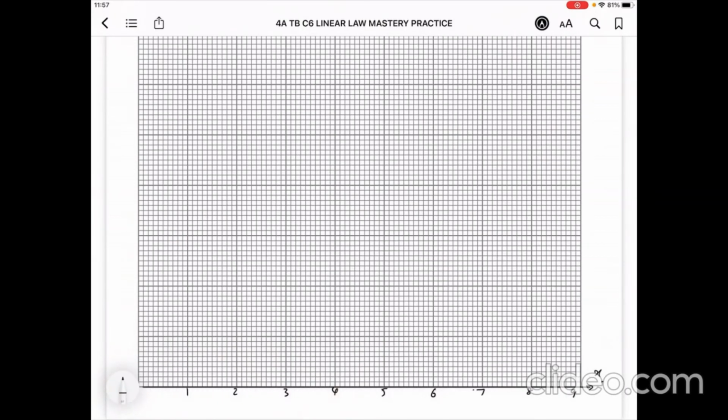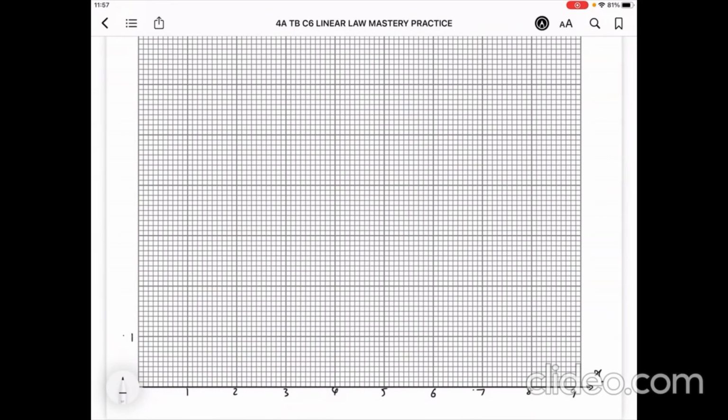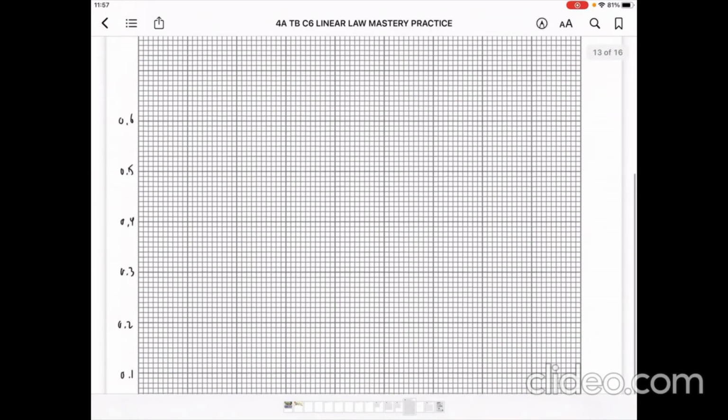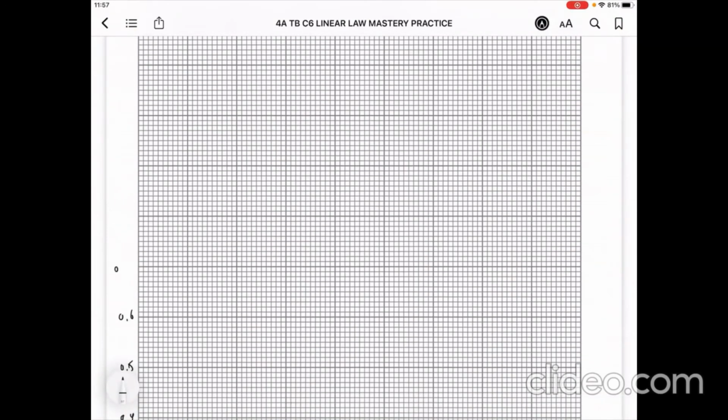Okay, your vertical, we have to start with 0, 0.1, 0.2, 0.3, 0.4, 0.5, 0.6. Keep going all the way until 0.7, 0.8, 0.9, 1.0, largest 1.0.